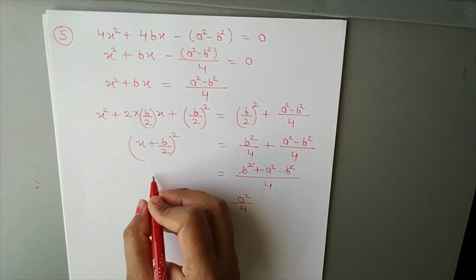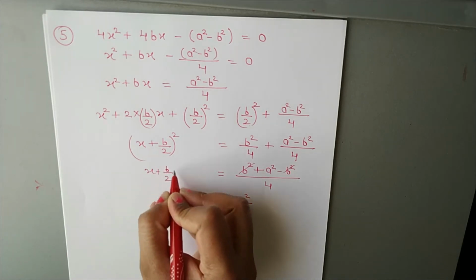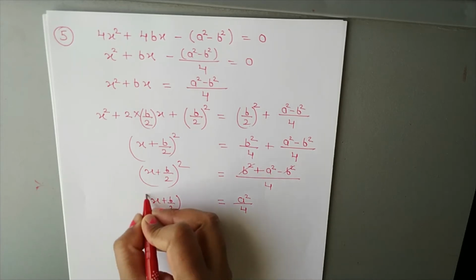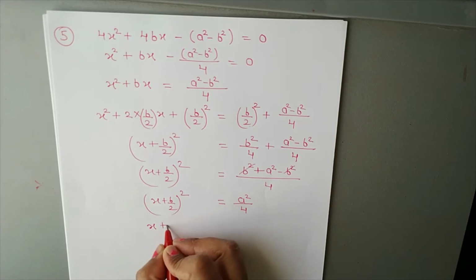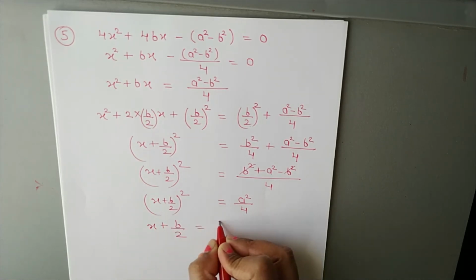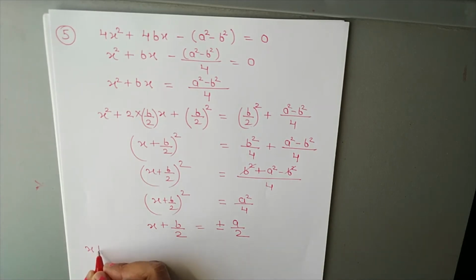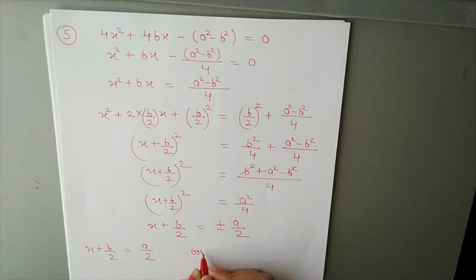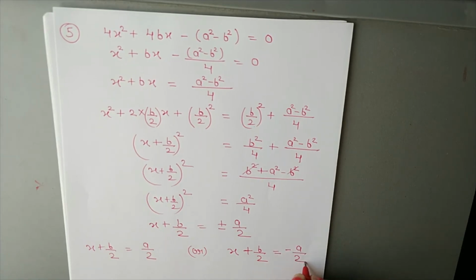Okay, so here is also x plus b upon 2 whole square, then square rooting on both sides, so it will be x plus b by 2 is equals to plus minus a upon 2. So x plus b upon 2 is equals to a by 2, or x plus b by 2 is equals to minus a upon 2.